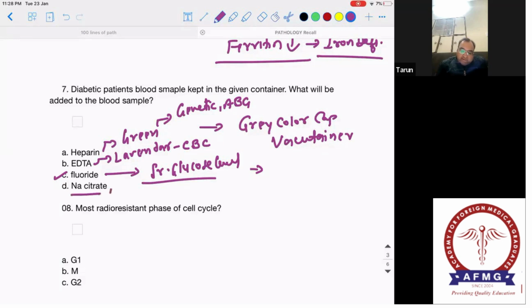Sodium citrate vials are capped with the blue color capped vacutainers, and that is widely used for coagulation studies, even for ESR estimation. So now you know that these things are very simple. Gray color cap tubes are used for estimation of serum glucose.